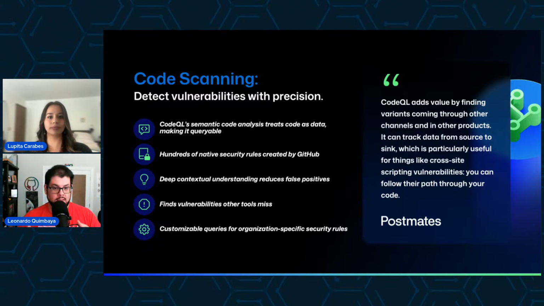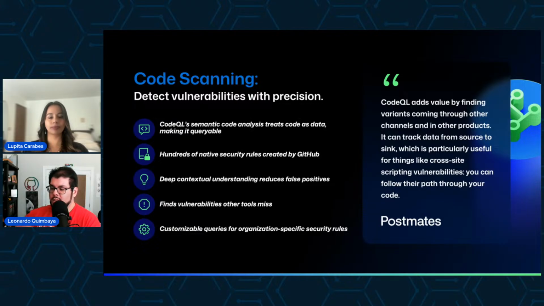Code scanning is essentially a way for you to upload SARIF, the static analysis results interchange format, to GitHub so you can see other static analysis tools and their alerts inside of GitHub alongside the code base. CodeQL is GitHub's static analysis tool that, when it does its scan, also outputs SARIF and uploads it to code scanning for us to see everything there. But since CodeQL is a native part of GitHub, we also add on Copilot Autofix and those ideas there.